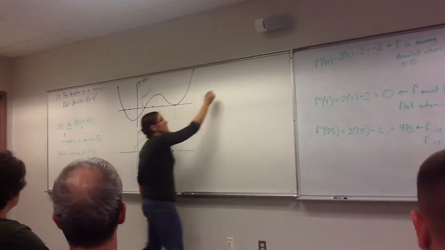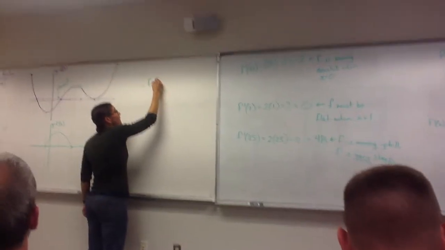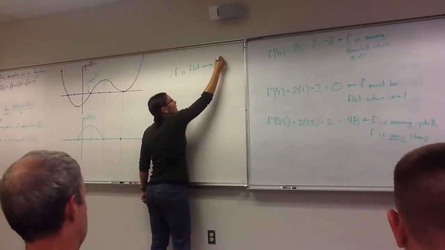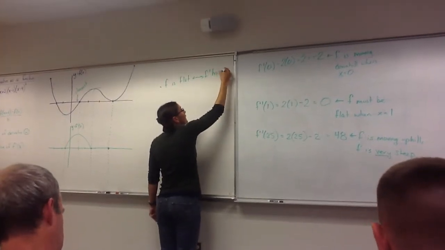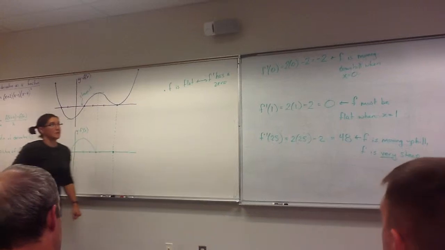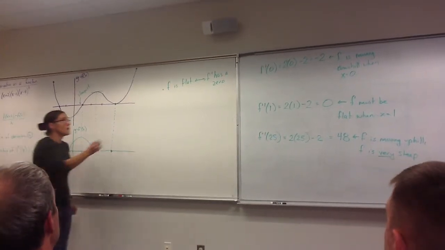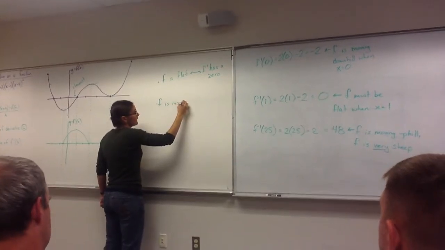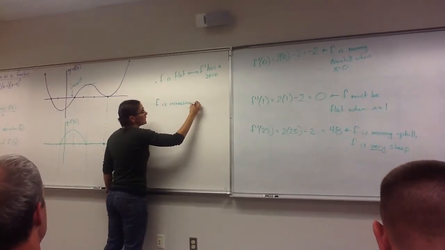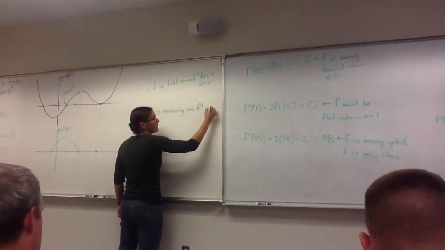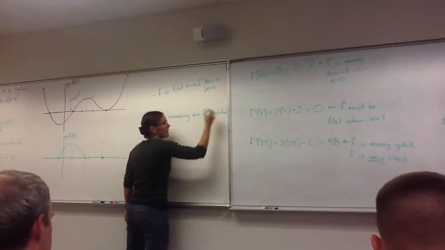So some tools that we've been using. When f is flat, that corresponds to f prime being 0, meaning f prime touches or crosses the x-axis. When our function f is increasing, this corresponds to f prime being above the x-axis, aka positive.